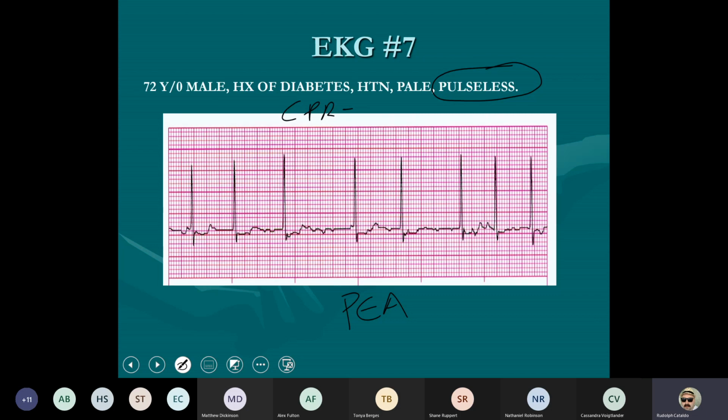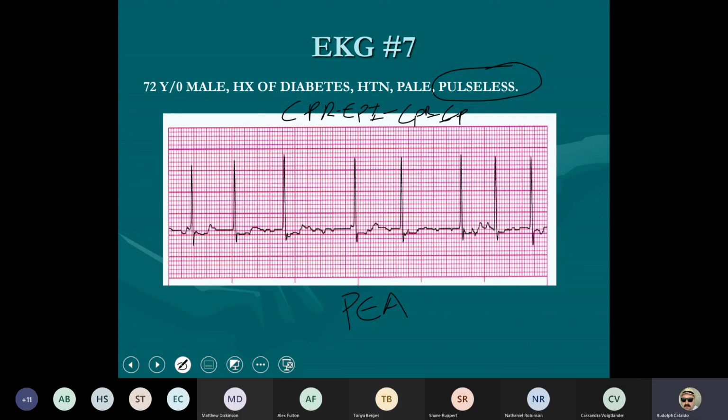I put patches on all my patients. I don't care if they're in PEA, because if they go into a different rhythm, I can shock them. CPR, then we do epi. Yep, epi as soon as possible. Then 2 minutes of CPR, rhythm check, CPR, epi. We just alternate CPR and epi.